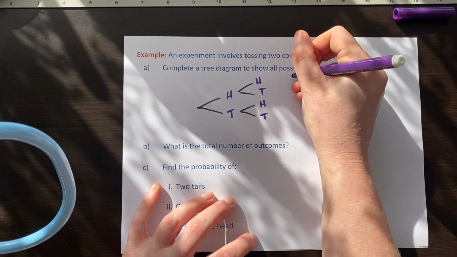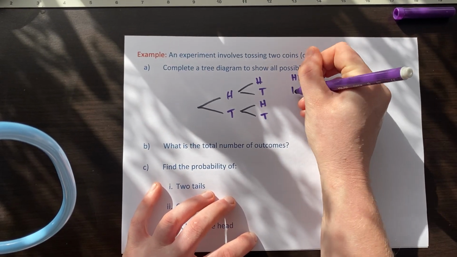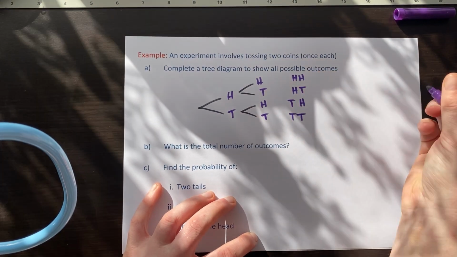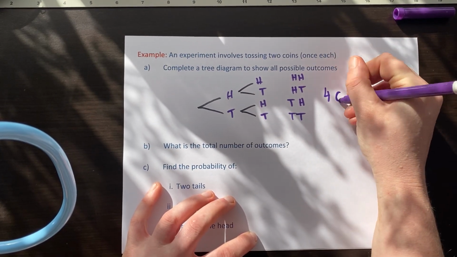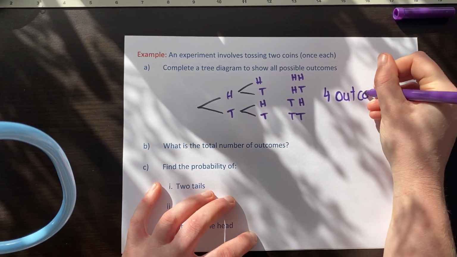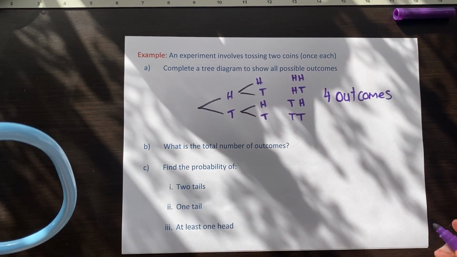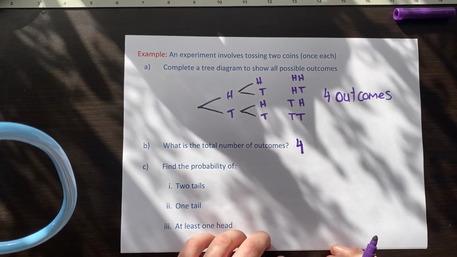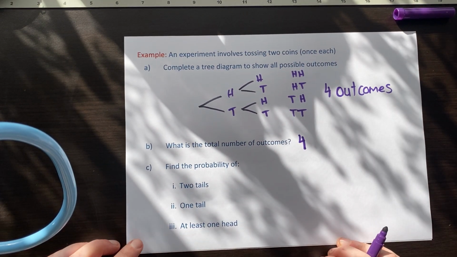If we list our outcomes, you have heads, tails, heads, and tails. So there's 4 outcomes possible in total, and that's important for later. What is the total number of outcomes? 4. Now we're on to our probability parts.